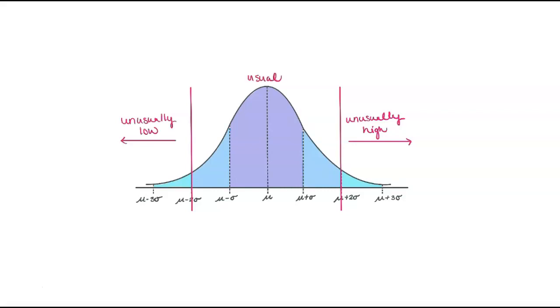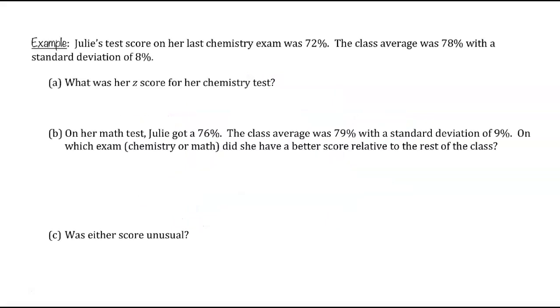Consider that these dividing lines between usual and unusual correspond to z-scores of -2 and +2. That is, data values that correspond to z-scores less than -2 are unusually low, and scores that are greater than +2 are unusually high. Let's take a look at this example where we will have a chance to calculate some z-scores and interpret their meaning.